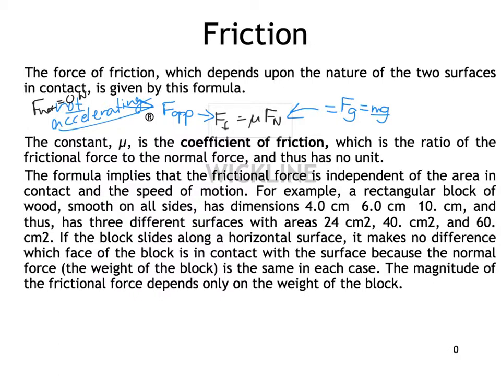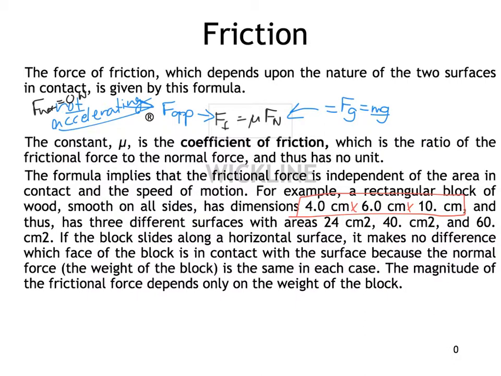Also on this slide, imagine that you have a book or something that is 4 centimeters by 6 centimeters by 10 centimeters. It has 6 different faces, and they're all different sizes. There's a wide side and a skinny side and all that.